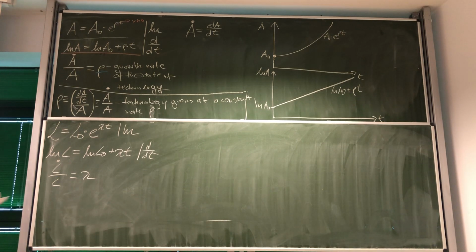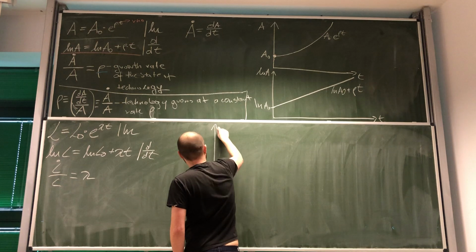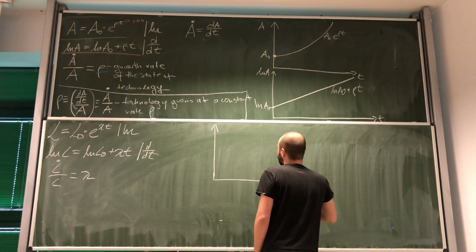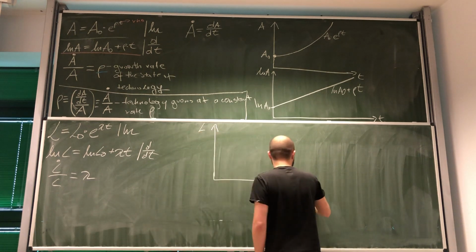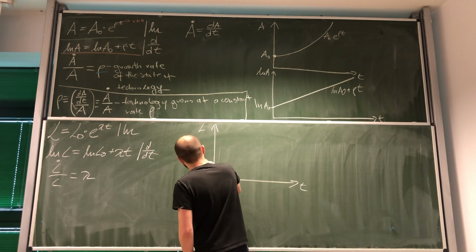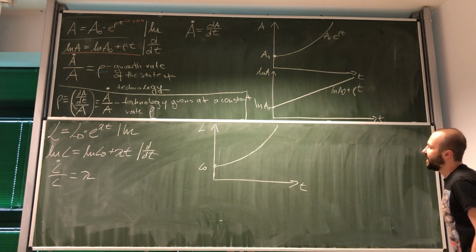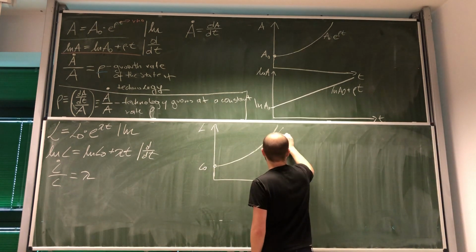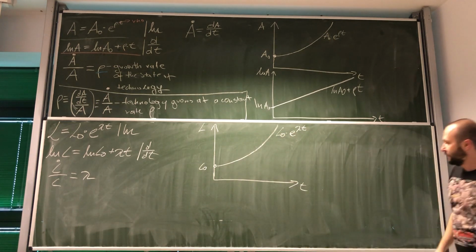And again, I can put my results on a graph. Here I have L, here time, it starts at some L0, and then the function grows exponentially. We've got L0 times e to the power lambda t.